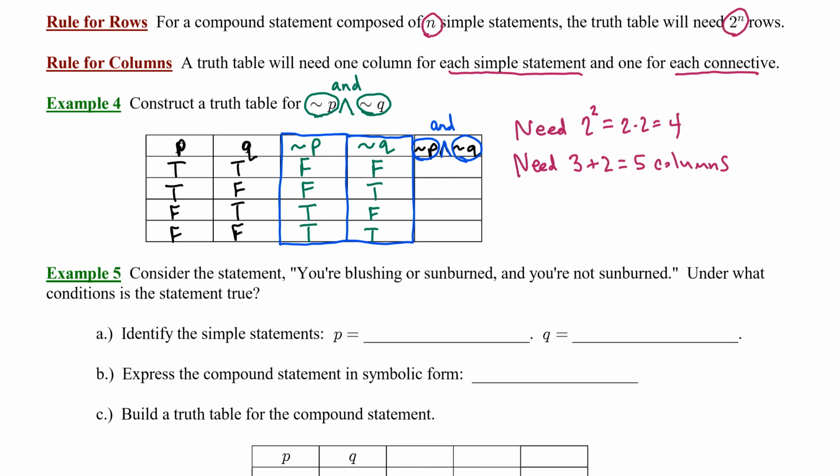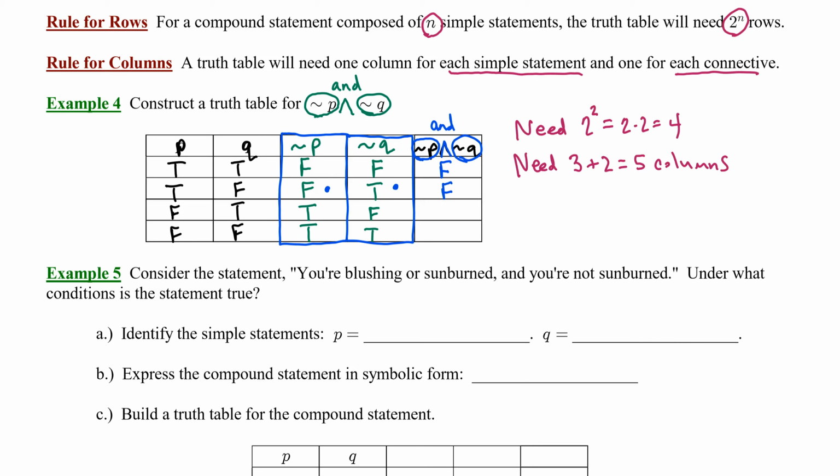Okay, so looking at row 1, not P is false, not Q is false. Well, that means that our conjunction is false. Remember, I'm looking for the combination of two truths to get a true for the conjunction. Let's go to the next row. Not P is false, not Q is true. Remember, the conjunction is true only if both components are true.